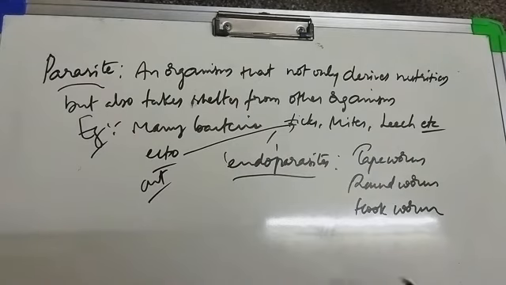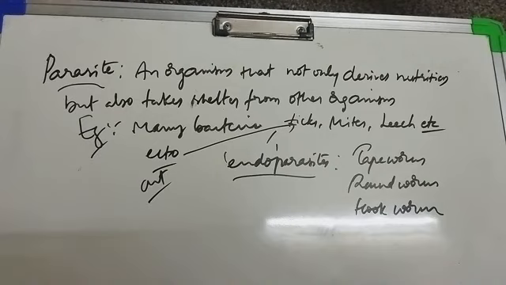Again, temporary parasites and permanent parasites. Temporary parasites, like leech, get attached to the body of the other organism only while taking food, and after taking its food, it comes out.